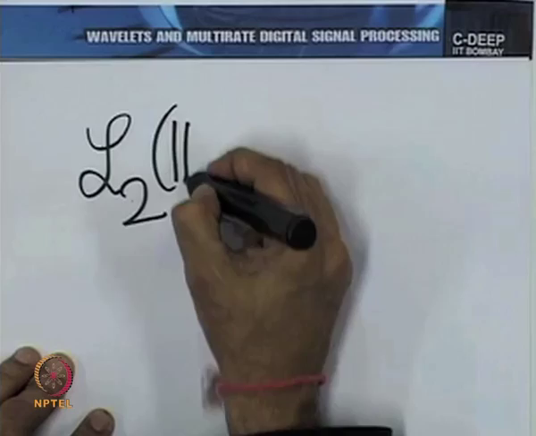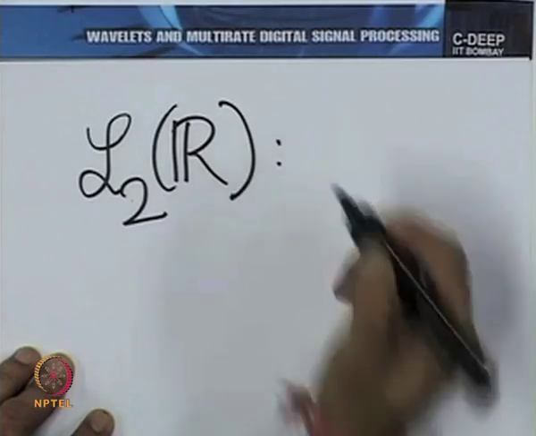And what we are saying in this language is that we are going to focus on functions which belong to a space. Now here, we are going to start talking about functions that belong to a space. We say, the space L2. What is the space L2? L2 over the real axis.